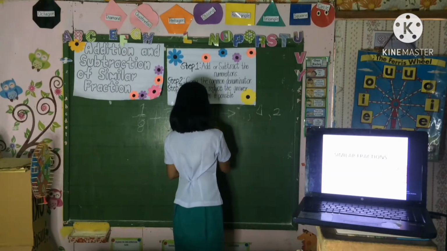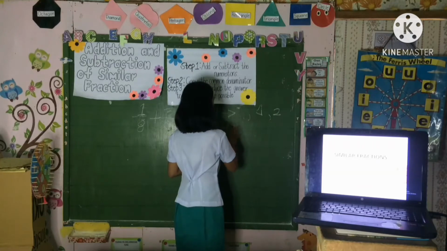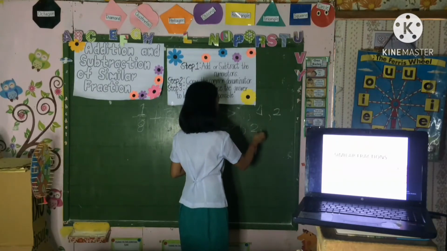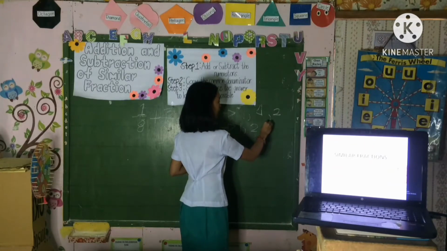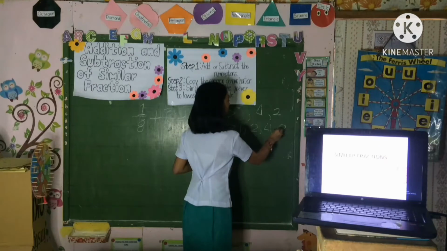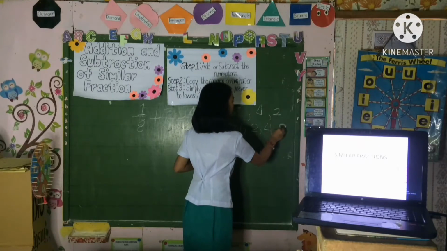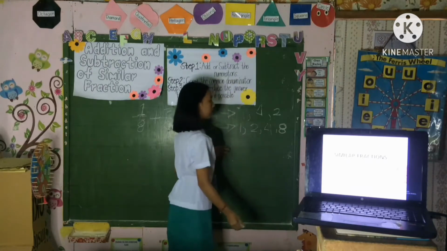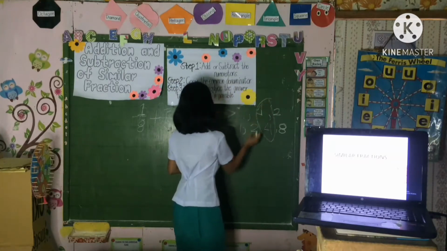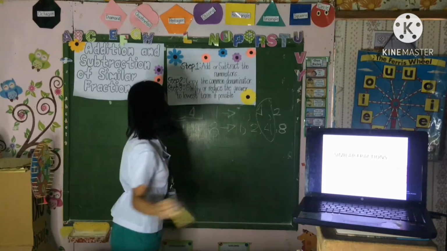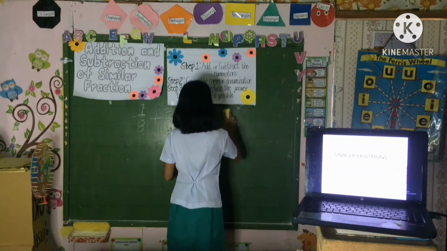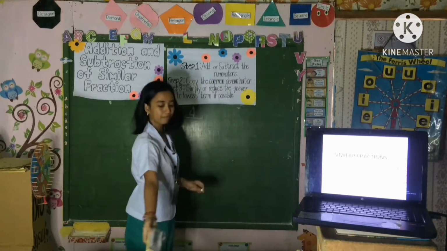For the 8, what are the factors of 8? We have 1, 2, very good, another 4 and 8. So what is the greatest common factor of 4 and 8? Very good, it is 4. So we can divide the numerator and the denominator by 4.